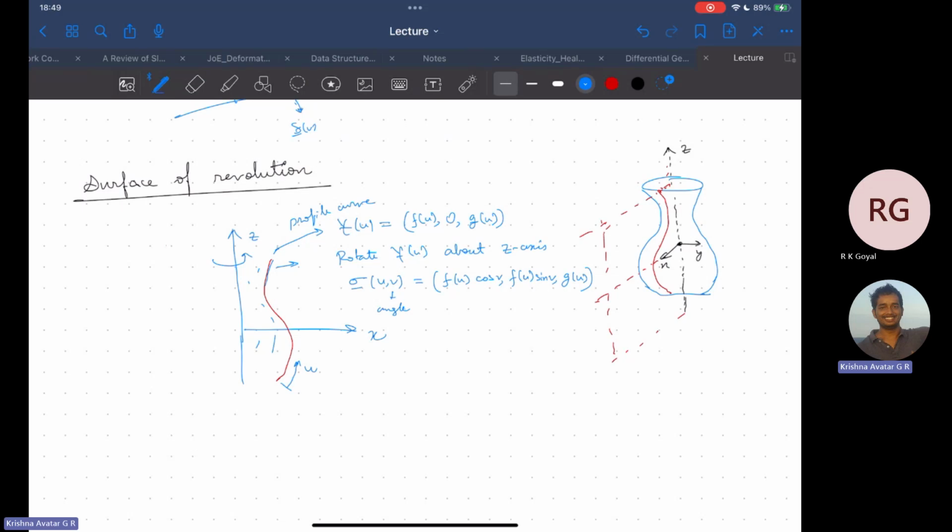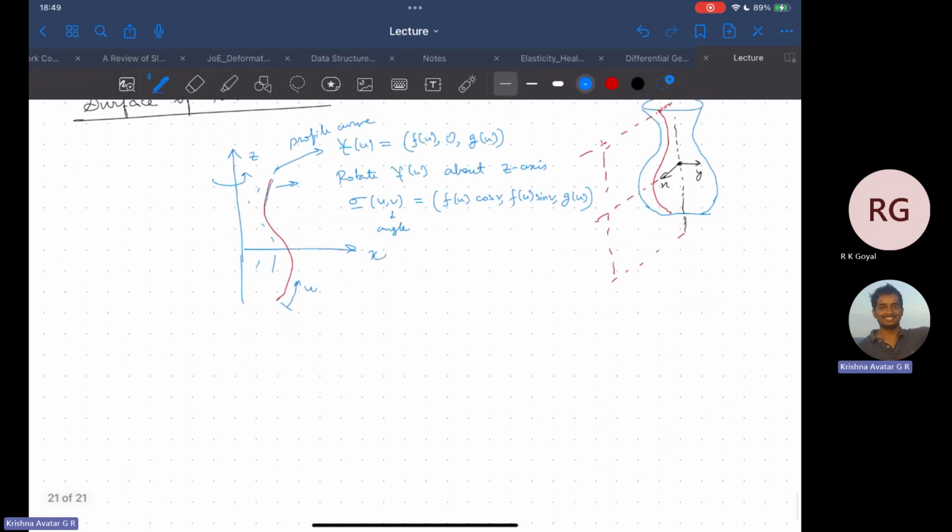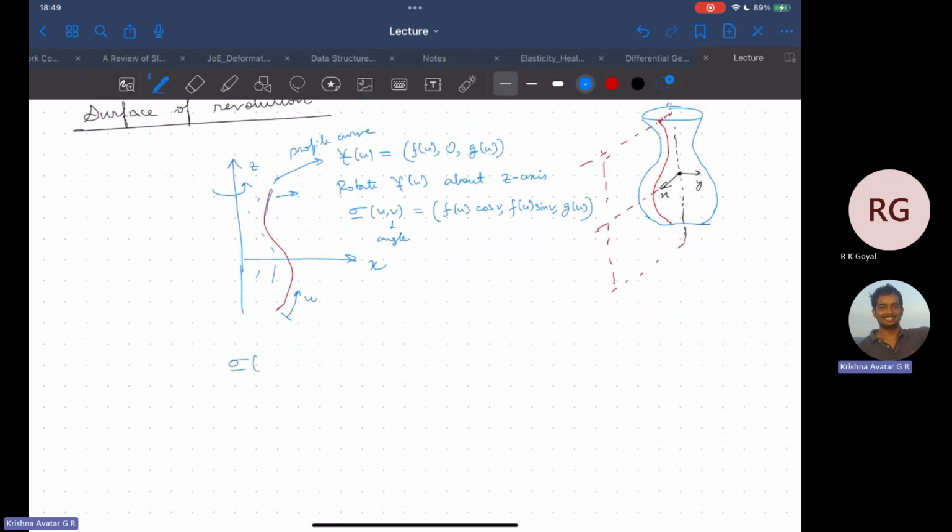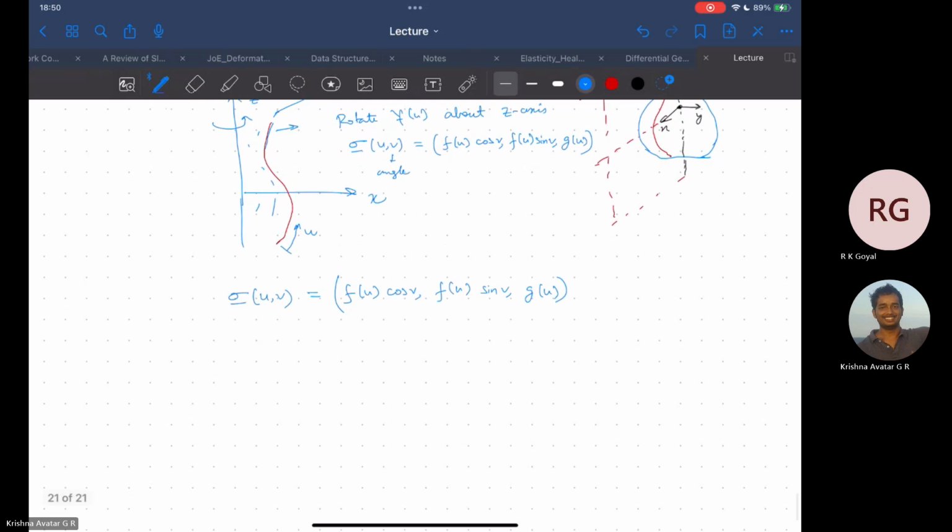Now see, we could easily trace out a curve. So what we have is, let's write it clearly here. Sigma u comma v is equal to f of u cosine of v, f of u sine of v, g of u, right?